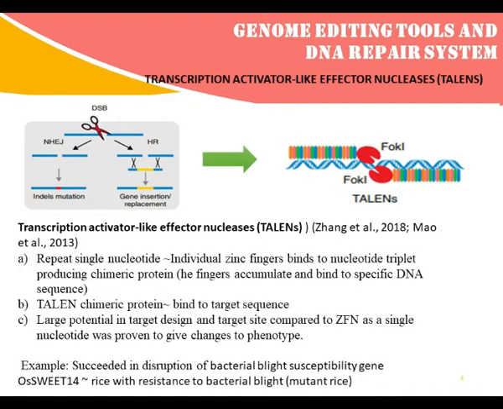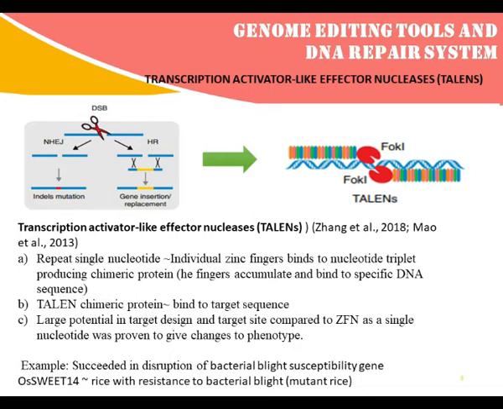The second genome editing tool is transcription activator-like effector nuclease, TALENs. It is a combination of transcription activator-like effector repeats, TALE, and the FokI restriction enzyme. TALE repeats target a single nucleotide and produce the TALEN chimeric protein. The TALEN chimeric protein will bind to the target sequence and produce indel mutations in the sequence.